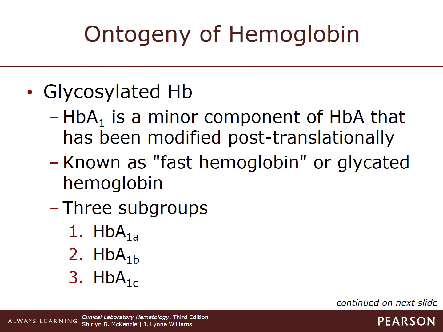Here, the hemoglobin A1, either A, B, or C, especially hemoglobin A1C, is clinically most important because older red cells contain more hemoglobin A1C than younger ones due to exposure to glucose concentration. So the young red cells exposed to high levels of glucose for several hours can increase the hemoglobin A1C.